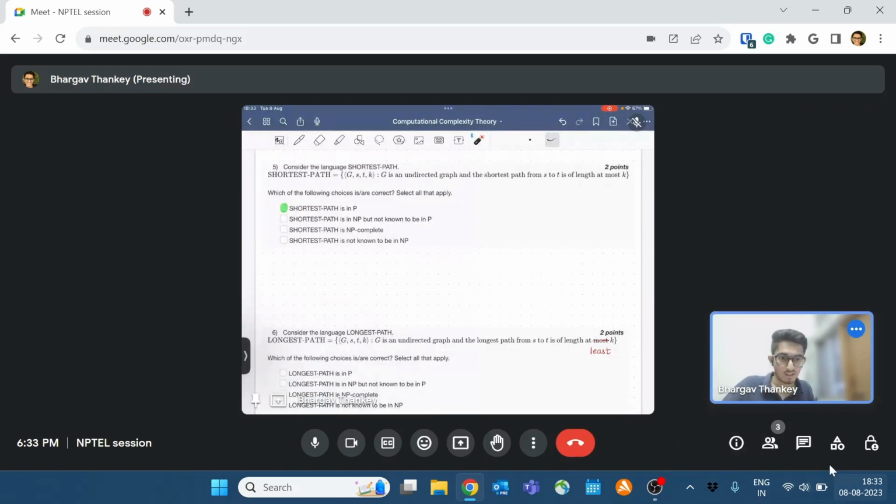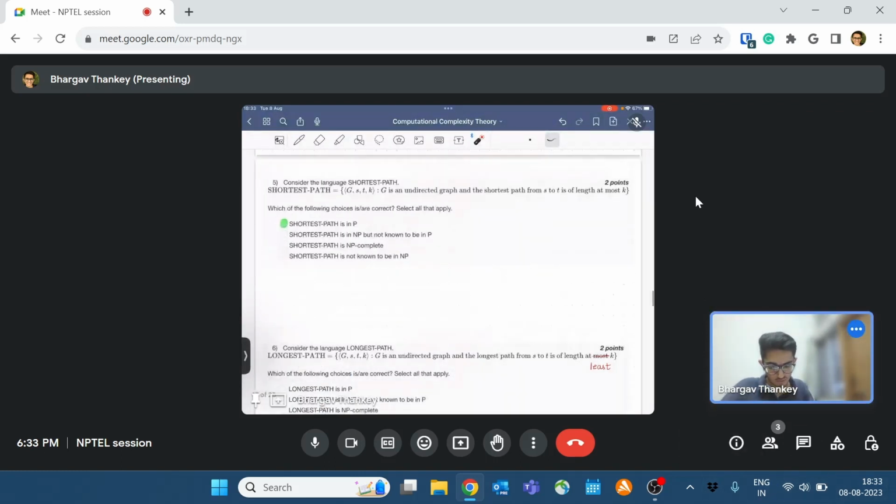Yes. Okay, so I was talking about why it doesn't matter whether this is at most or at least. The reason is the following. All you have to do is find the shortest path, then look at the length of the shortest path. Regardless of whether this is at most or at least, once you have found the shortest path, check if the length is at most k, and say yes.